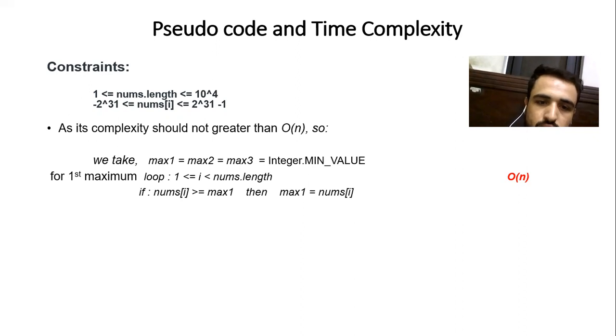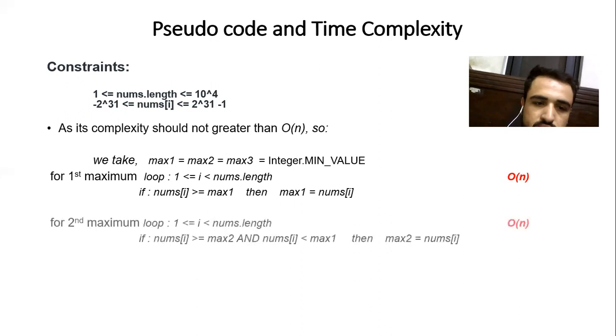Here is a condition: if nums of i, meaning the element, is greater than max1 that we initialized with Integer.MIN_VALUE, then the max1 value will be updated to that number. In this case, we will find the maximum number in O of n time. The loop takes n time to find the maximum number.